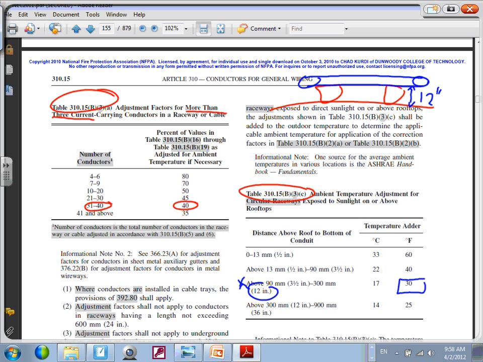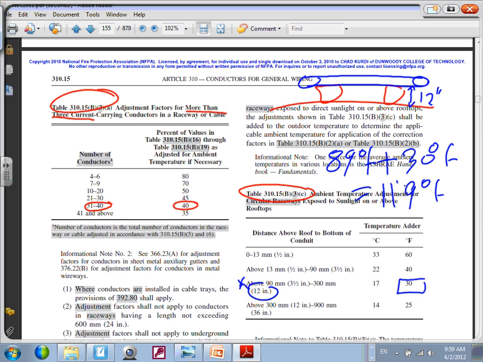So in Minnesota, if my ambient temperature is 89 degrees Fahrenheit, I need to add another 30. So if I put it on a roof, up 1 foot, that will give me, what is it? 119, right? 119 degrees Fahrenheit.